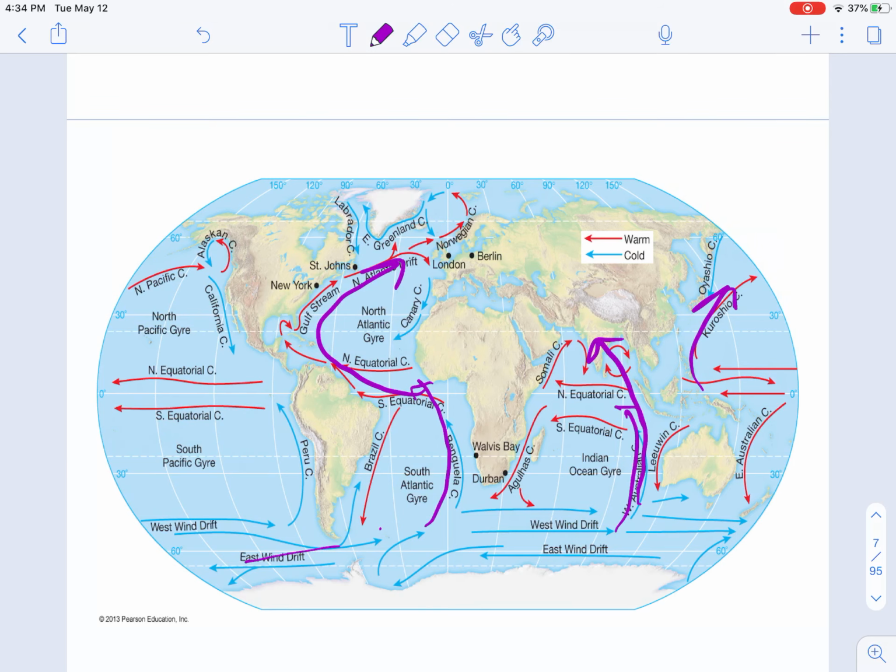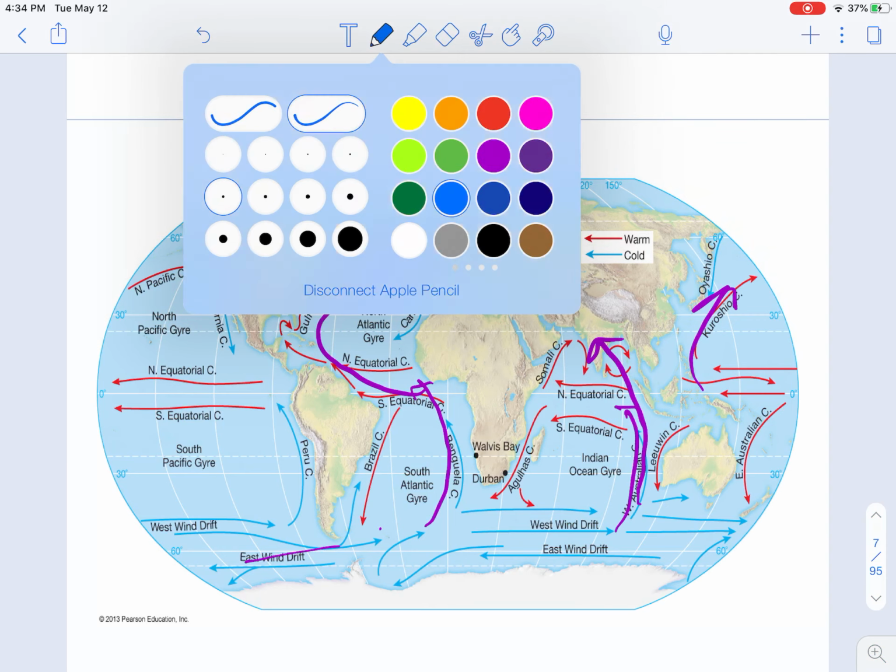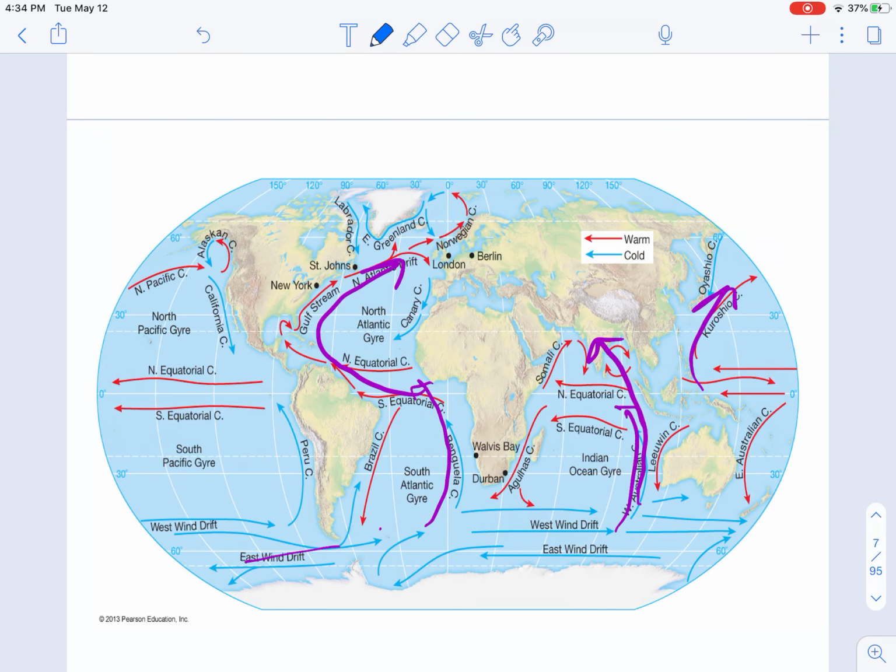The cold, I have to change colors, I think that would make sense. The cold water that is in the blue arrows, coming from northern areas, is flowing down. And so there continues to be a mixing. This is the Antarctic here.